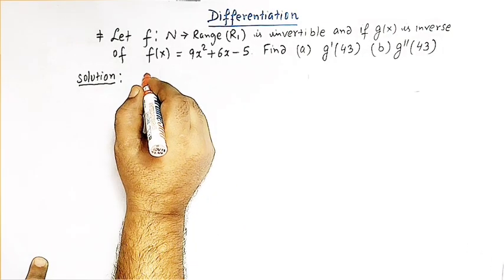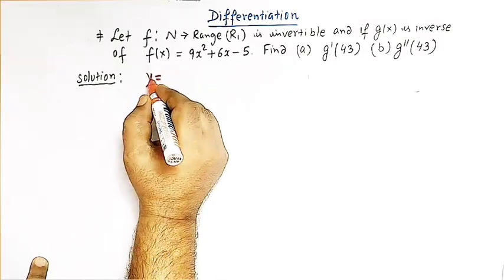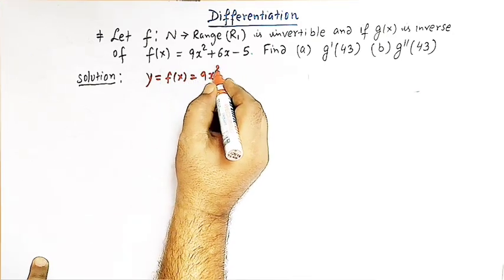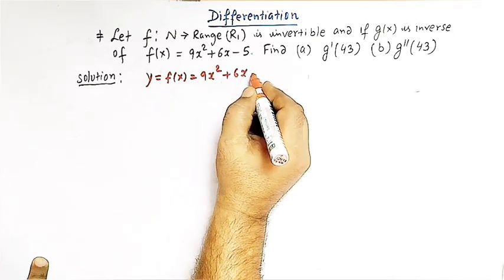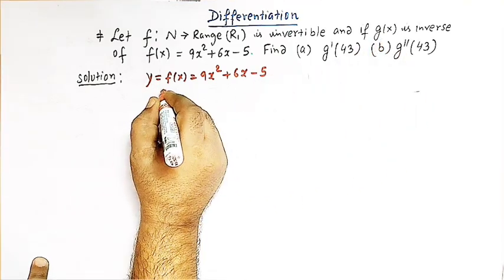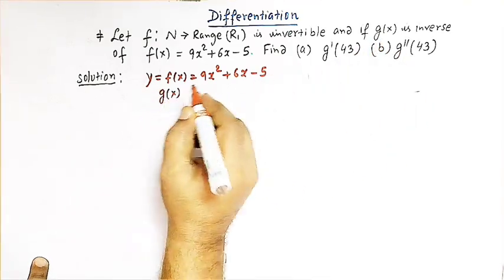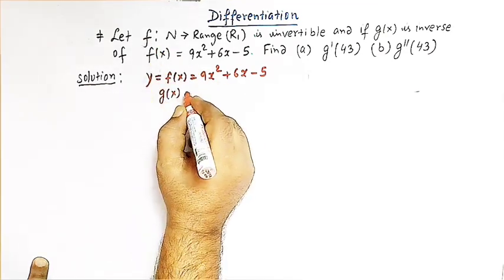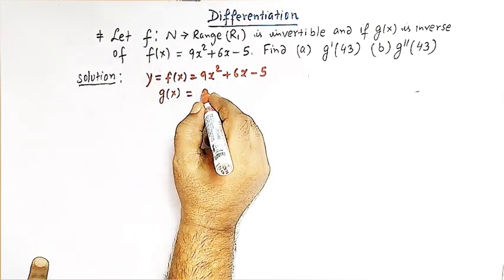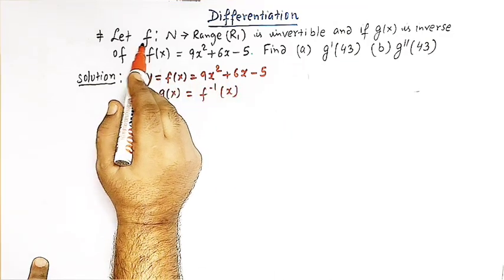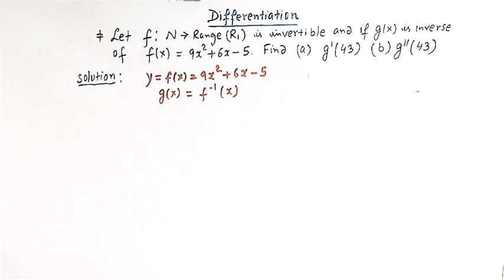So here we are given a function, say y is equal to f of x, that is 9x square plus 6x minus 5, and g of x is given to be the inverse of this function f. So g of x is equal to f inverse of x. The function f of x is given to be invertible.